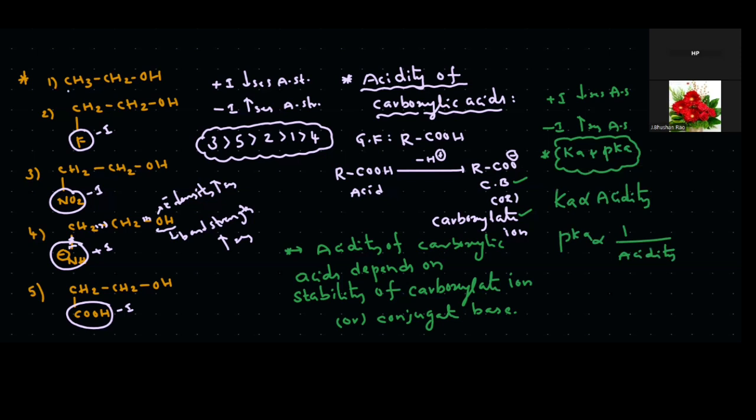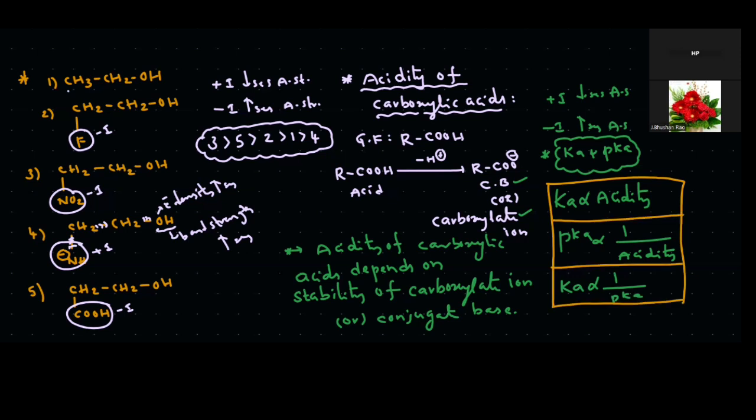Both are always inversely related. These three cases are also very important: Ka is inversely related to pKa, pKa is inversely related to acidity, and Ka is directly related to acidity. If you know these conditions, we can write the Ka and pKa increasing and decreasing order of the carboxylic acids.